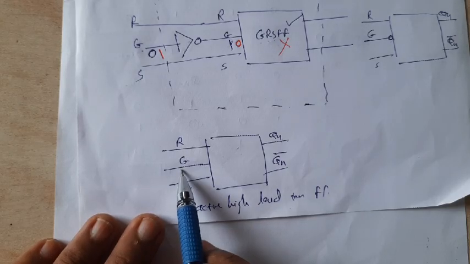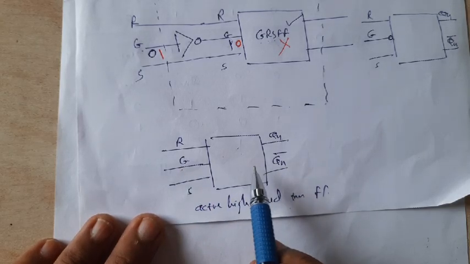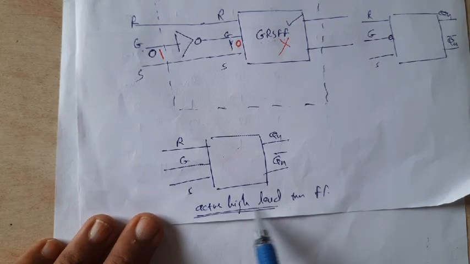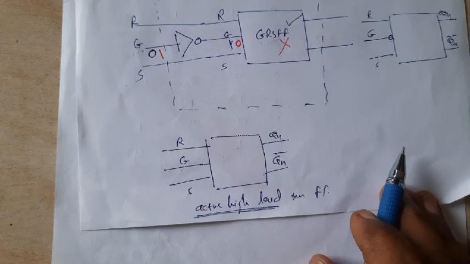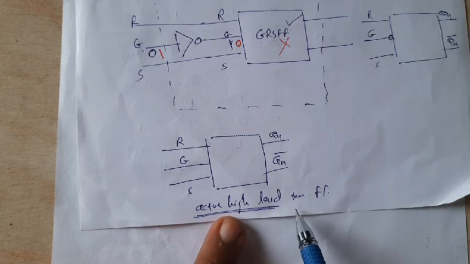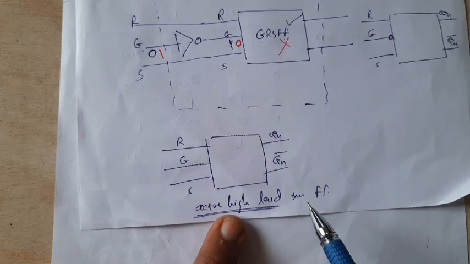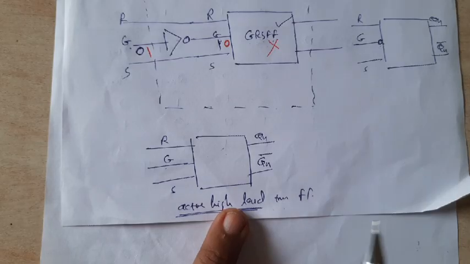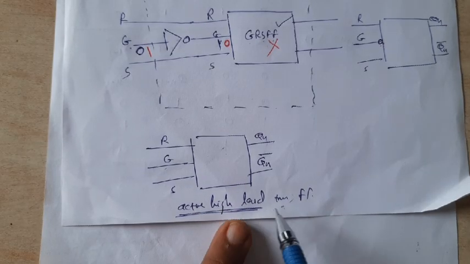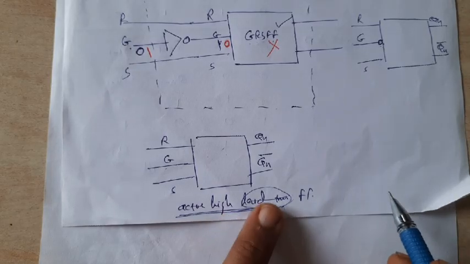If gate is high, then the flip-flop is in working condition. It is active high level. It should be 1. Now why is it known as level trigger? You will realize what is the difference between level trigger and edge trigger later when we discuss the edge trigger. But right now we will not focus on the trigger part. It is active high flip-flop only.